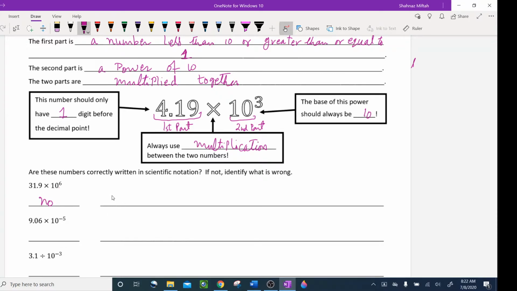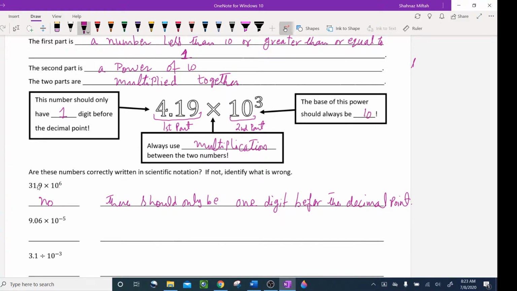So let's see, what is wrong with it? There should only be one digit before the decimal point.